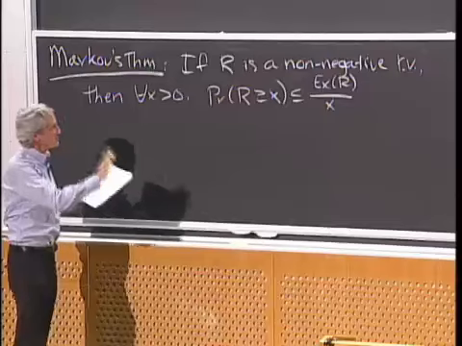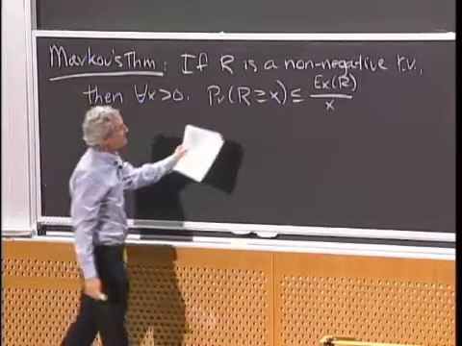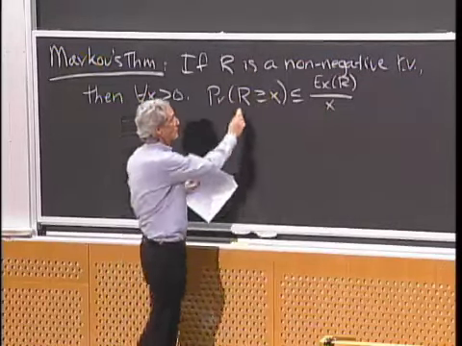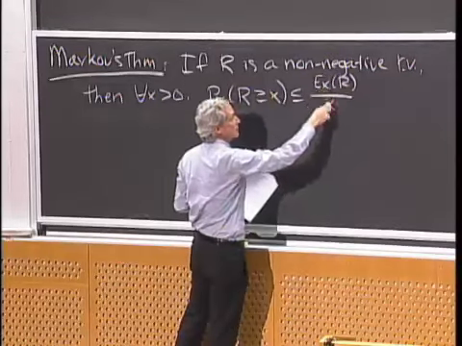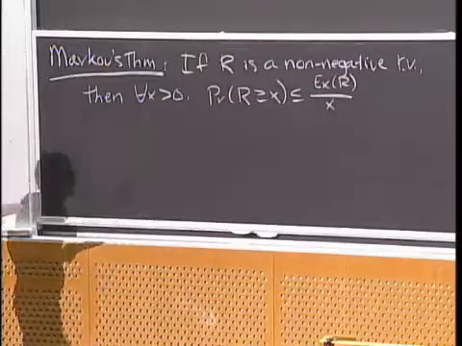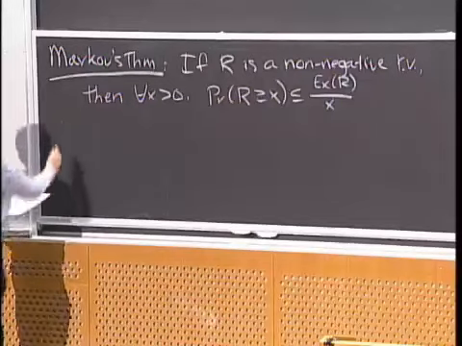All right, so in other words, if R is never negative, and for example, say the expected value is small, then the probability R is large will be a small number, because I'll have a small number over a big number. All right, so it says that you are unlikely to greatly exceed the expected value. So let's prove that.